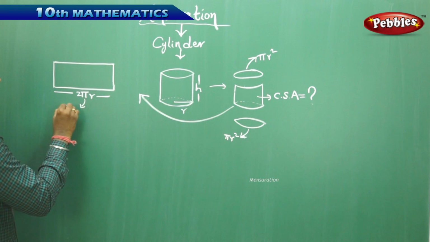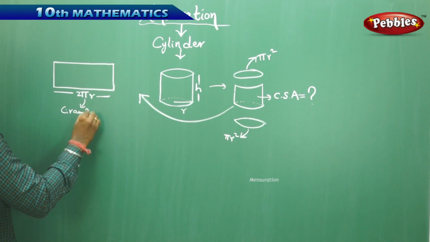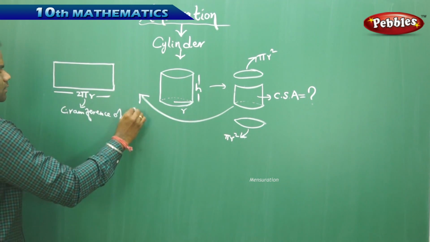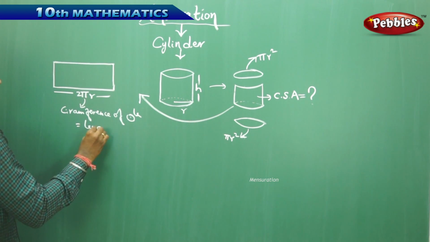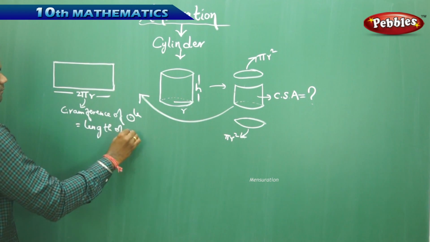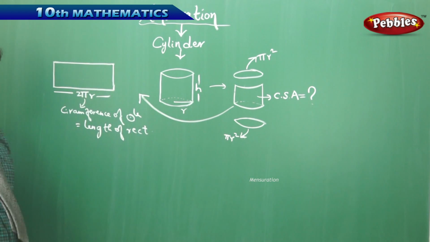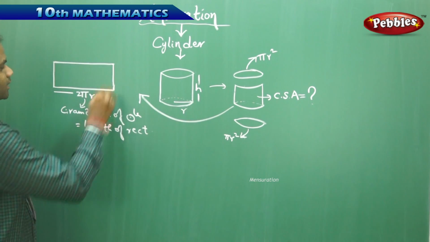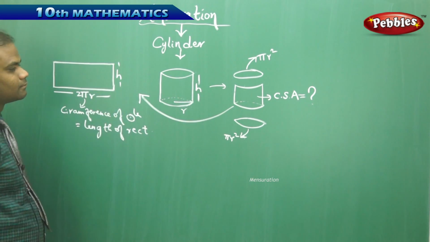So this circumference of the circle is nothing but the length of the rectangle. And obviously my height, which is the width of the rectangle, is h.